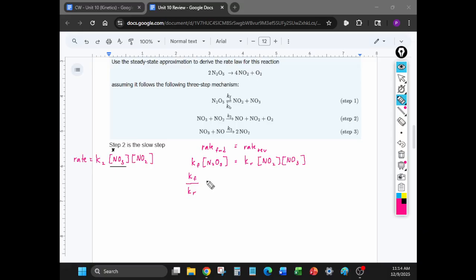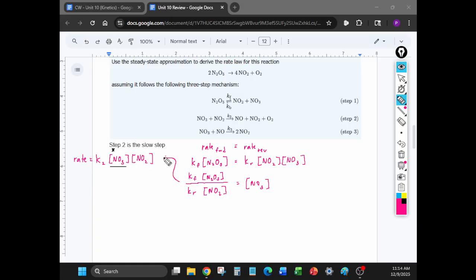And we've got to keep the N2O5, and we're dividing also by NO2 to get NO3. Everybody good?